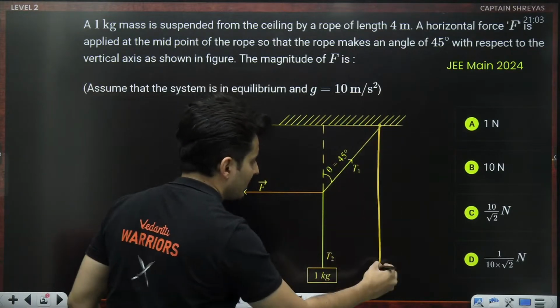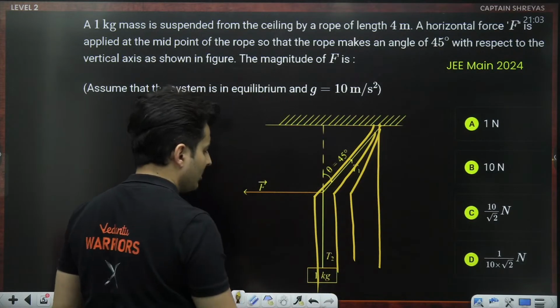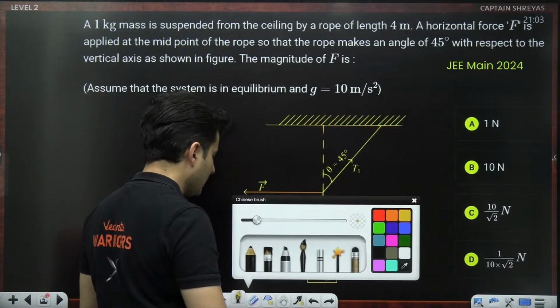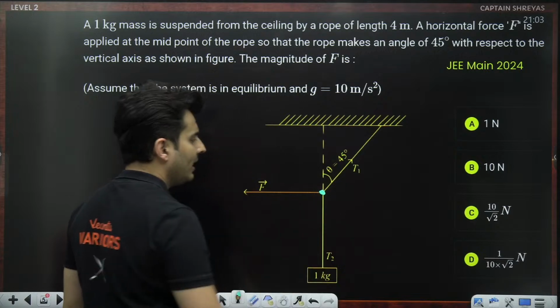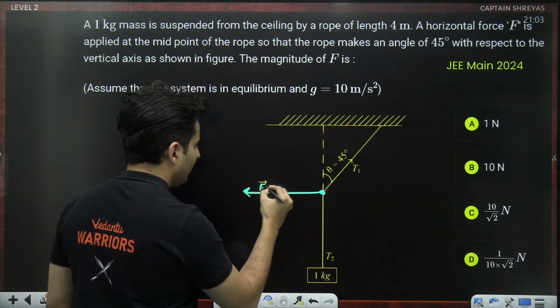Earlier the string was like this. You pull it, and finally the string makes an angle of 45 degrees with the vertical. In such type of string questions, the trick is to always draw the free body diagram of the joint. You will see there is a force F from this side.